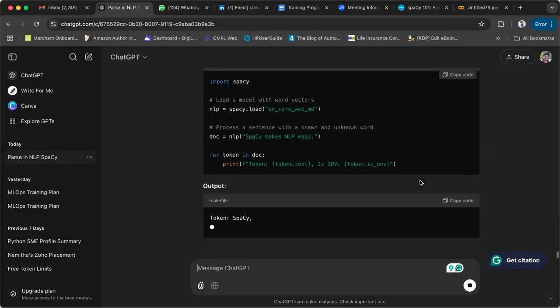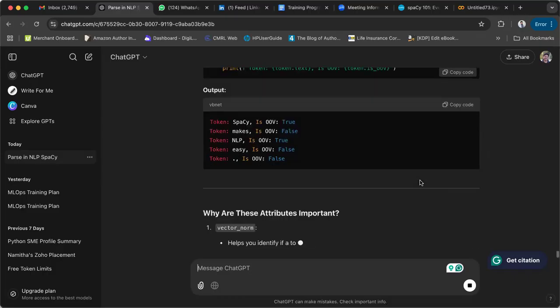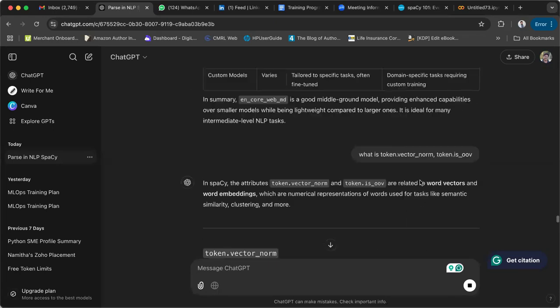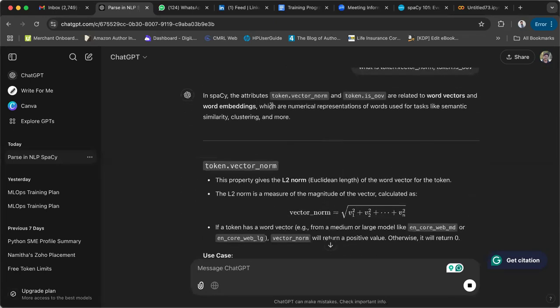OOV is out of vocabulary. So the attributes vector norm and is underscore OOV are related to word vectors and word embeddings, which are numerical representations of words used for tasks like semantic similarity, clustering, and more.